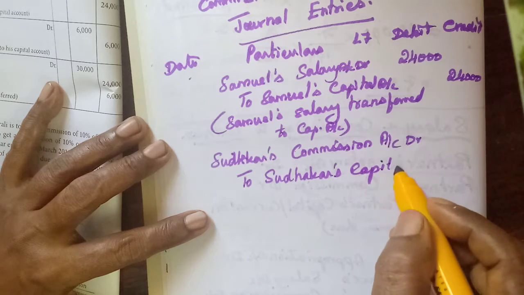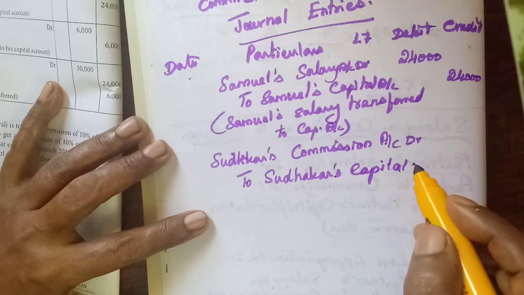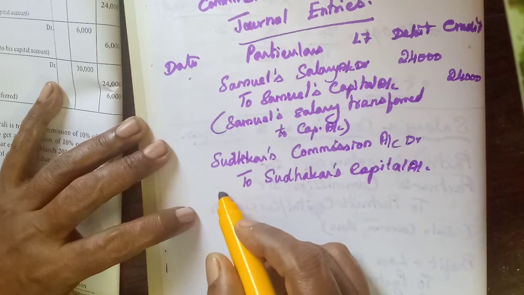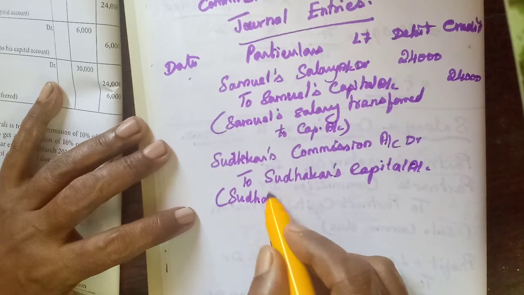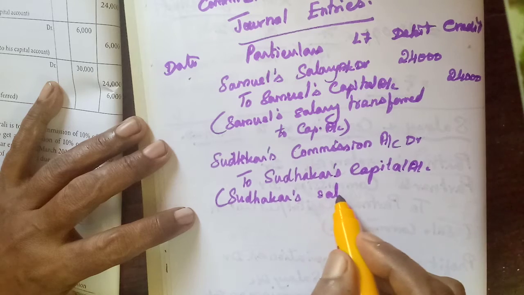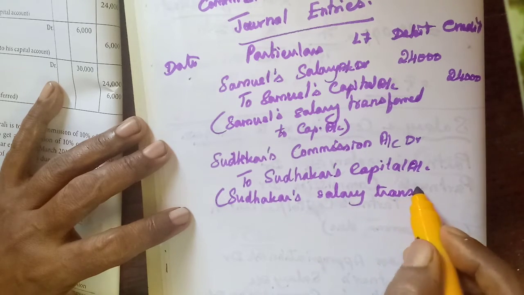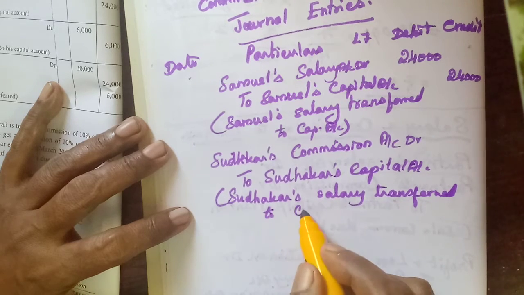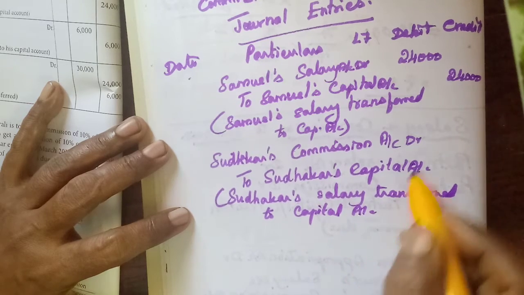Because this is capital account, because they are following the fluctuating capital method. Otherwise current account. Then Sudhakar's commission transferred to capital account. Amount 6,000.